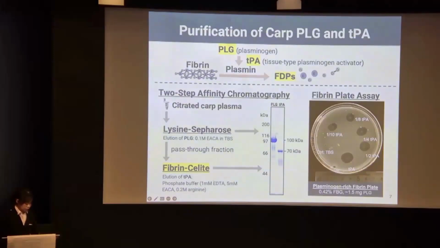By the fibrin slide method, also adapted from the human system, we successfully isolated this fibrin-binding protease and confirmed its proteolytic function by plasminogen-rich fibrin plate. With these purified fibrinolytic systems, our next step is to generate soluble FDPs. And this concludes my research.